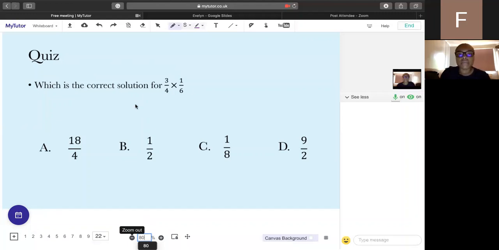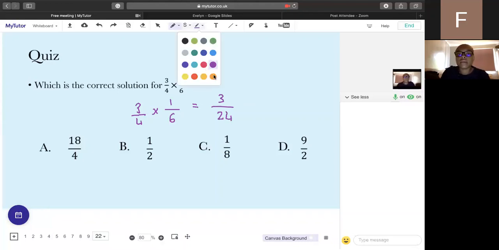So 3 over 4 multiplied by 1 over 6. For multiplying, all we need to do is multiply the numerators together and the denominators together. So 3 times 1 is 3, and 4 times 6 is 24. If we were to simplify this, we know that both of these are multiples of 3.